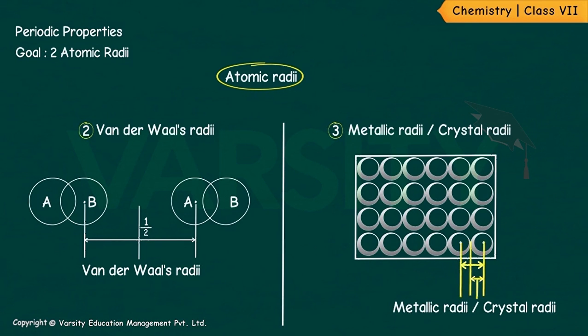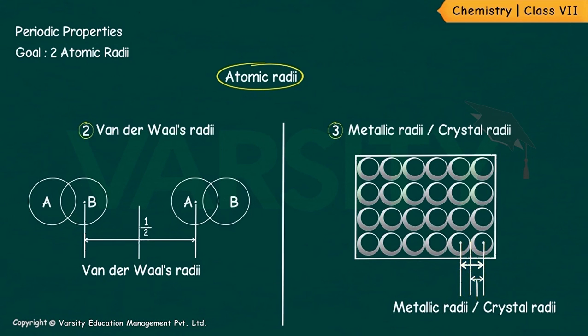We will take it from the center of two atoms which are closely packed. That is, half the distance of that, and it is known as crystal radii or metallic radii. This is only valid for those atoms which are closely packed in the surface.